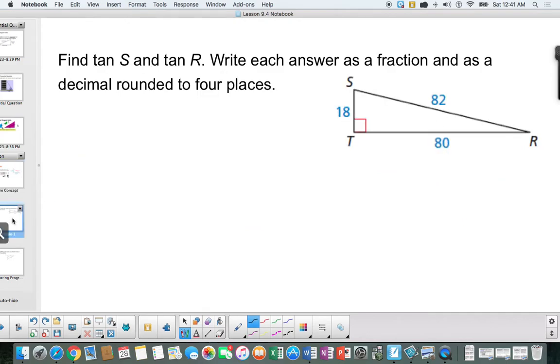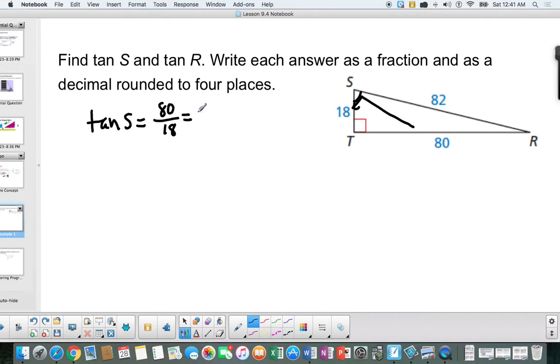Okay, let's go ahead and I'm going to demonstrate how to find the tangent of S. So the tangent of S is equal to, now here's S right here, and the opposite is 80, and the adjacent right here is going to be 18. That is the fraction answer.